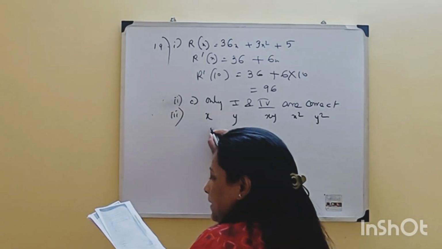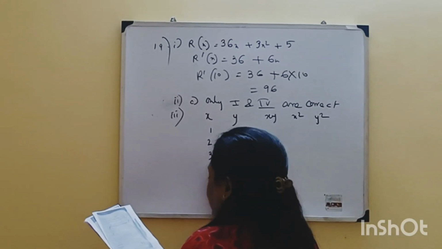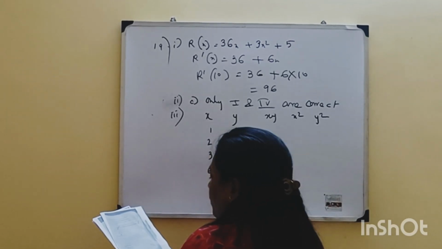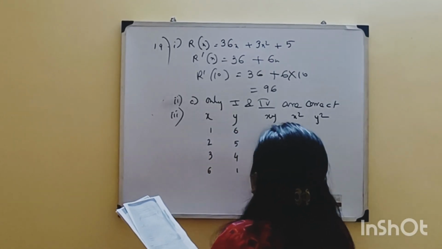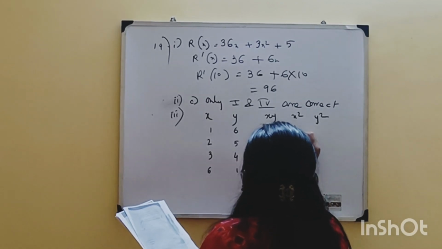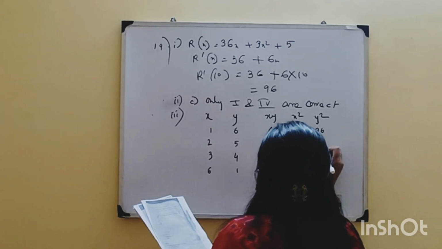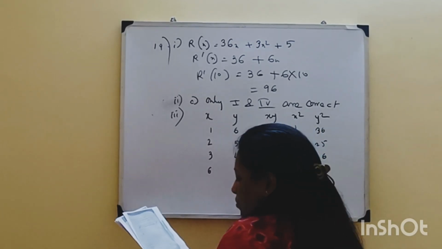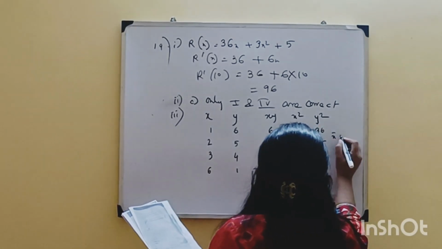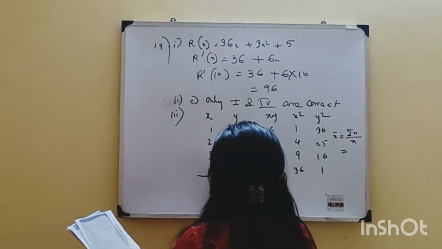So x is 1, 2, 3, 6. Y is 6, 5, 4, 1. So xy is 6, 10, 12, 6, and x square is 1, 4, 9, 36, and y square is 36, 25, 16, 1. So this is done. Now we will calculate x bar. X bar means summation x divided by n.